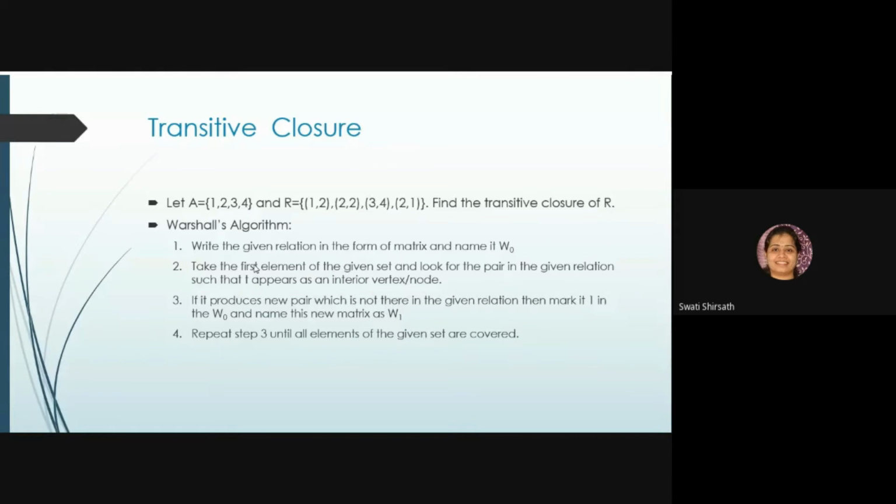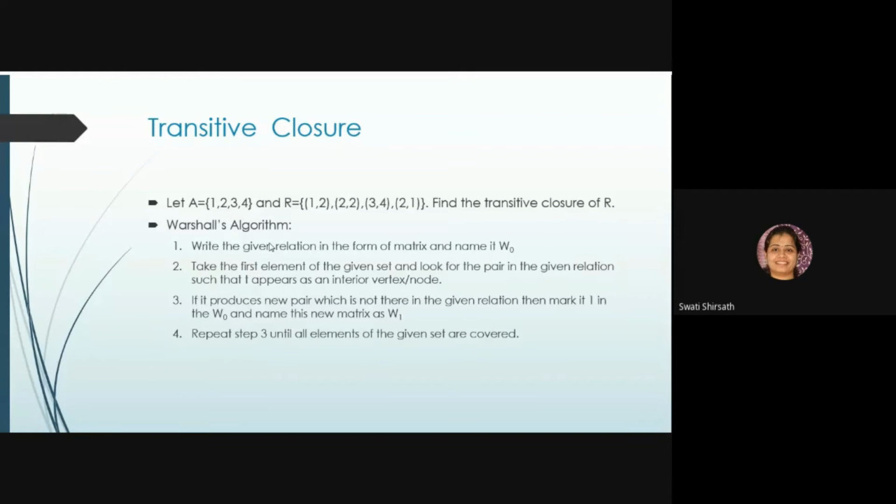Write the given relation in the form of a matrix and name it W0. Now, again, these steps are written in my own words. You won't find this type of steps in books. The reference books that we have asked you to refer use technical language like Wij and S of I. So just to follow the process, I have written it for you.